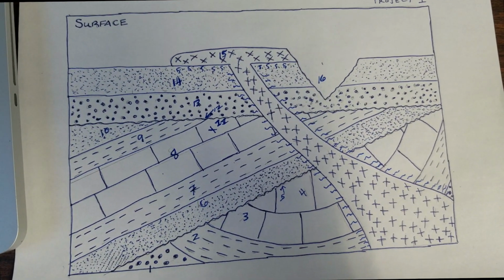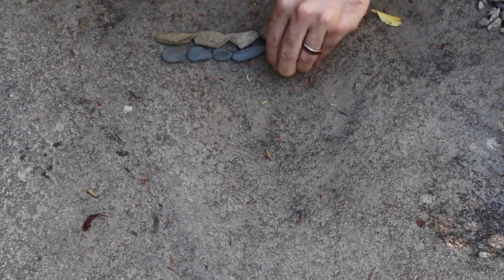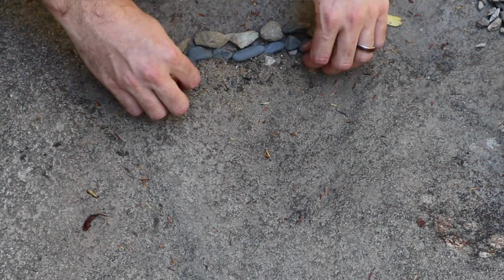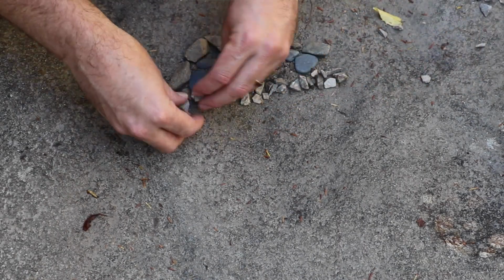I'm also going to show you this quick video of what I did with natural materials to illustrate this block diagram and the relative age dating techniques that can be applied to this kind of illustration.